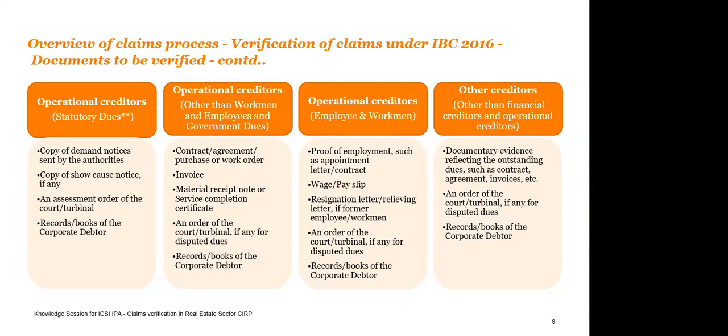The bifurcation of the claim related to gratuity and PF is to be looked into and must be computed by the IRP or RP, as the case may be, and it should be informed to the PRAs.